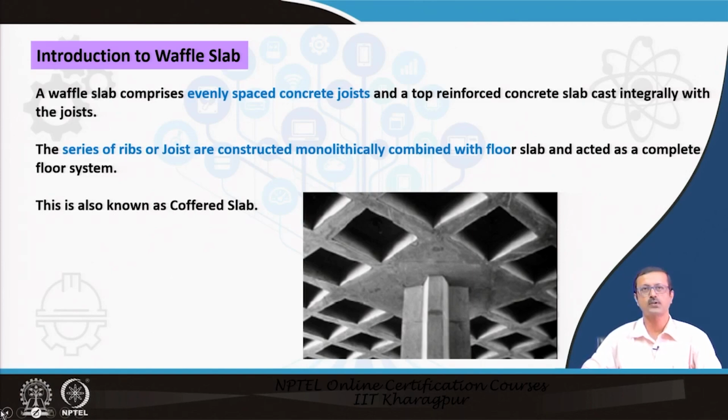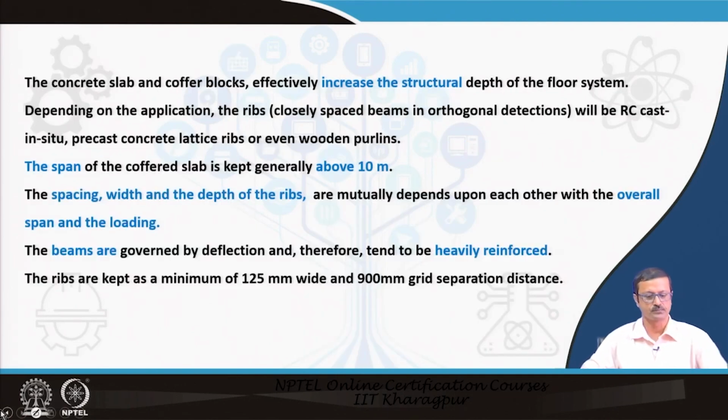So, it is a totally integrated system with the casting. When we cast a particular slab, the two-directional or maybe unidirectional ribs or joists come together in the action of the structural system. This waffle slab is also known as the coffer slab.